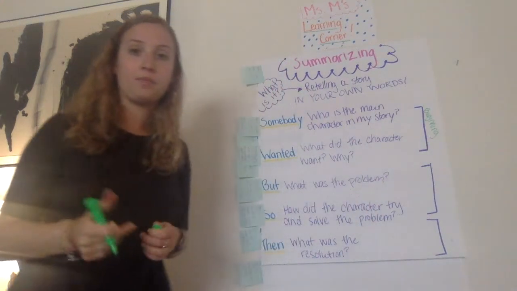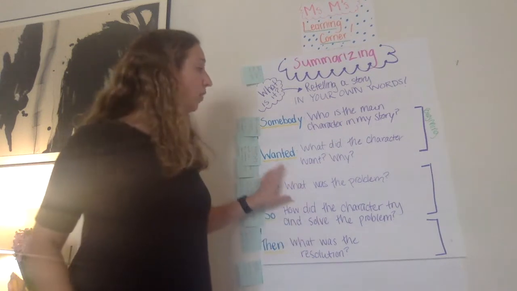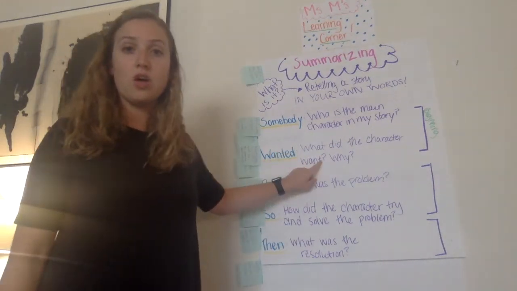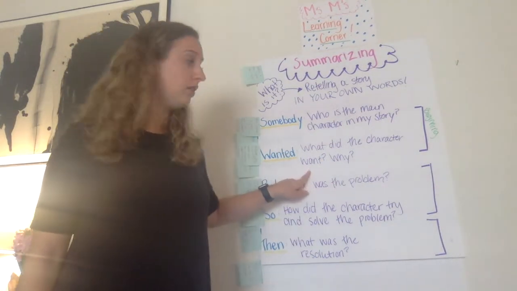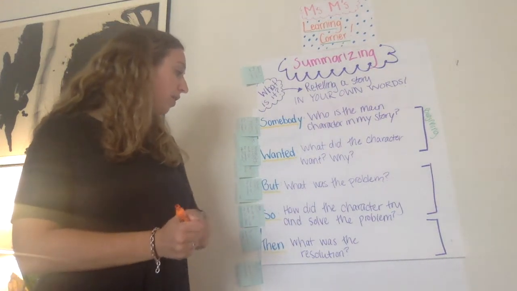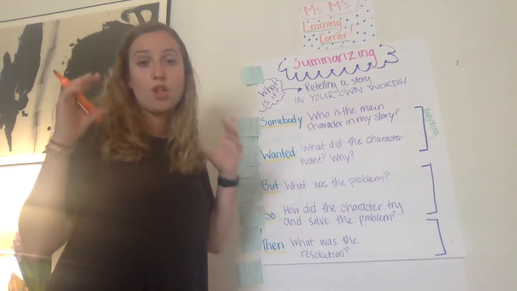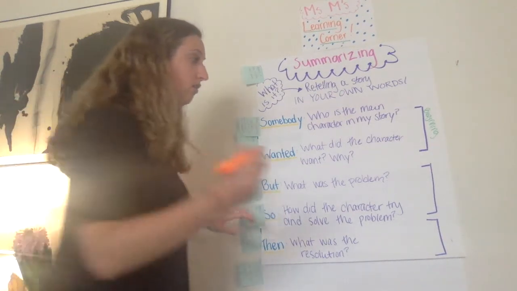Then, in the middle of your story, you might answer the next 2 questions. What was the problem? And how did the character try and solve that problem? Those you might find in the middle of your story.